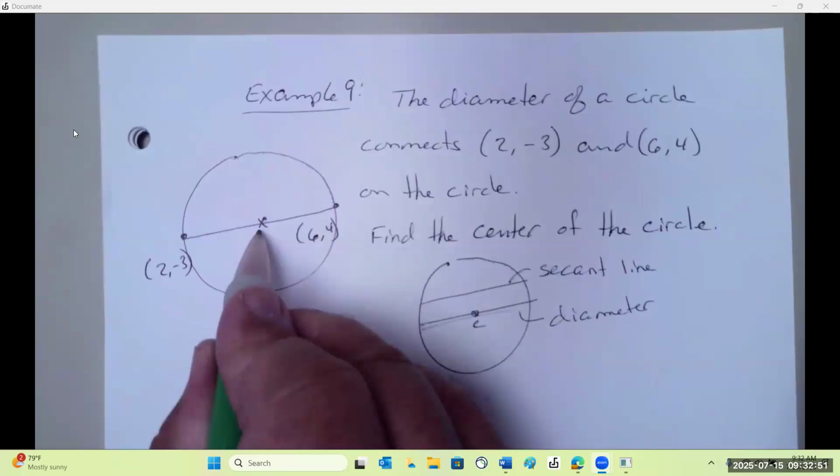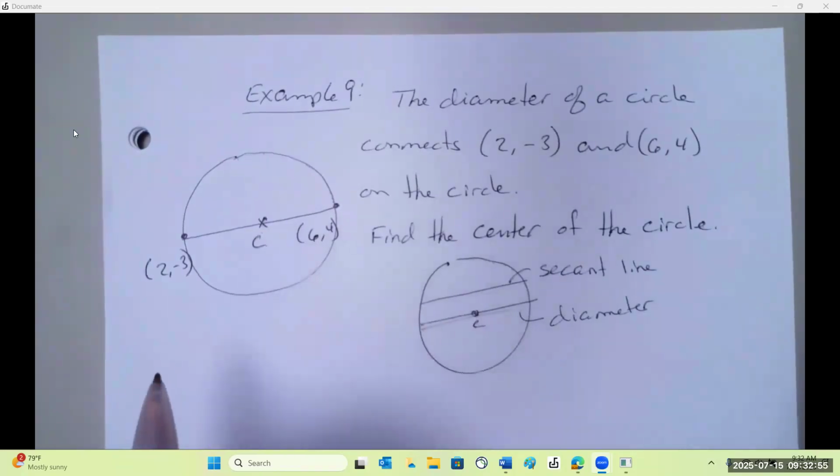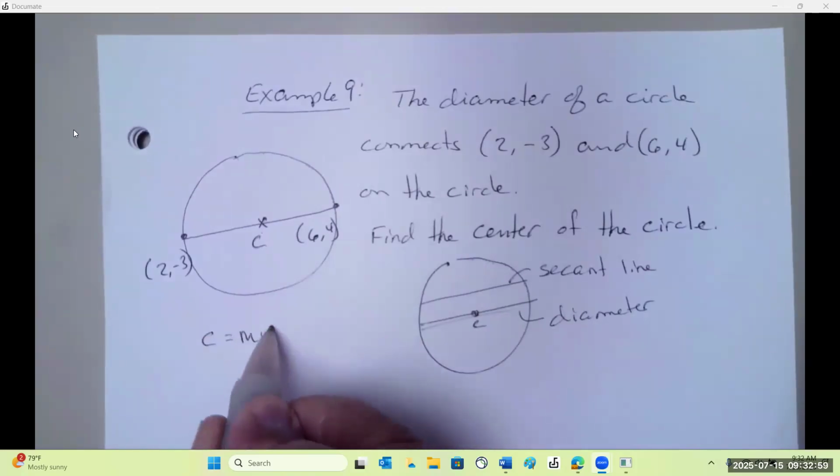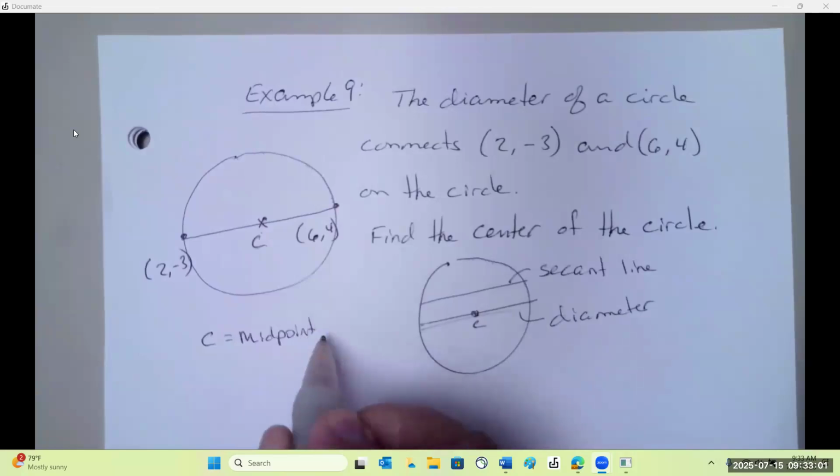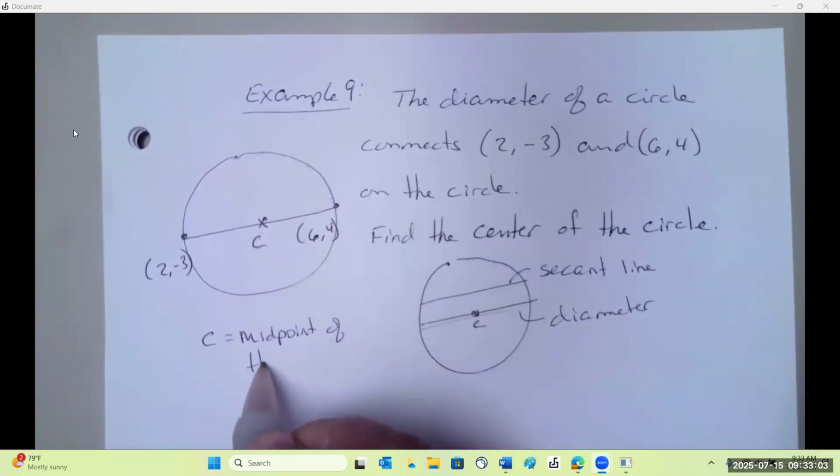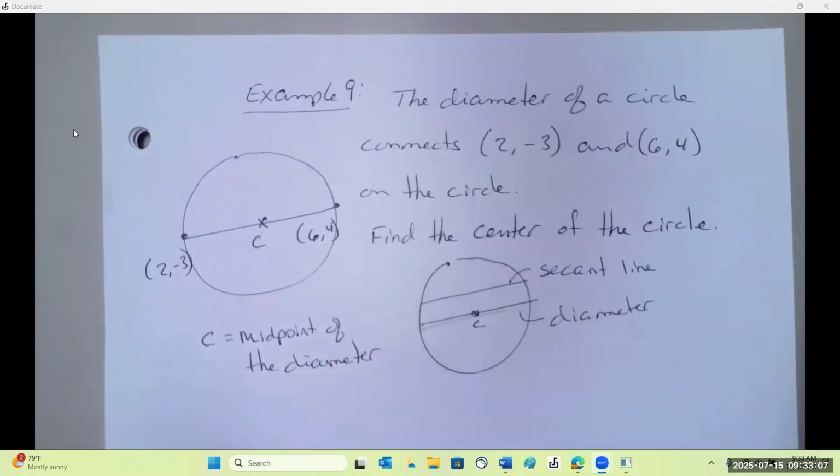So since this is the center, the center is actually what? The center is the midpoint of the diameter.